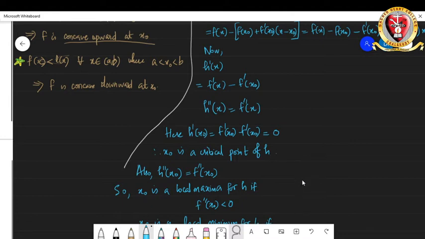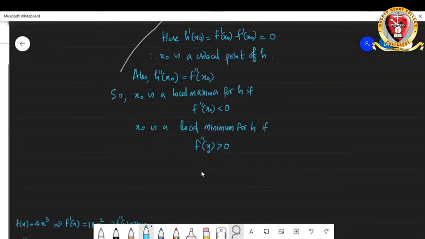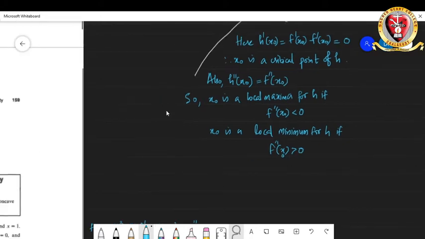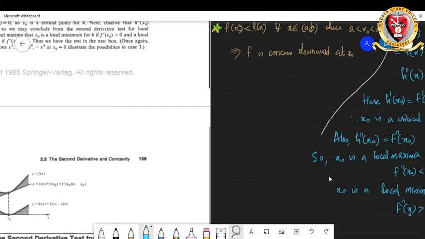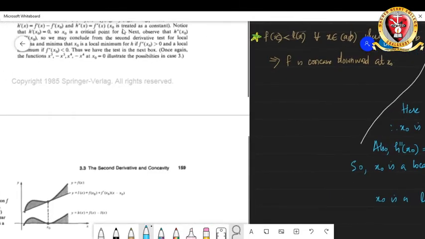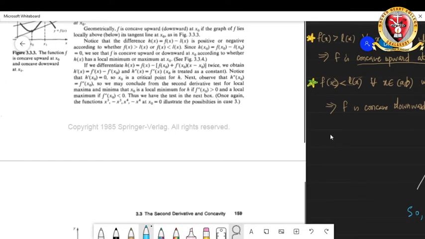So, x naught is a local maximum for h when h double dash of x naught is strictly less than 0, or you can say that f double dash of x naught is strictly less than 0. Similarly, x naught is a local minimum for h if f double dash of x naught is strictly greater than 0. Those are some conclusions we derive from the two paragraphs there.